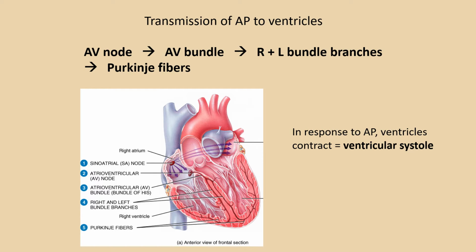So there's this wave of depolarization that's spread through the conduction system and onto the contractile fibers of the heart. And so in this way, the ventricles contract after the atria have contracted, and contraction of the ventricles is known as ventricular systole. During ventricular systole, blood will be ejected from both the right ventricle and the left ventricle.